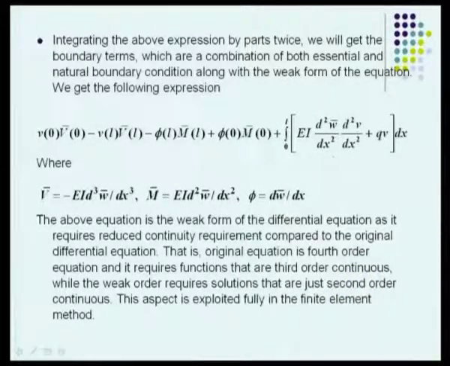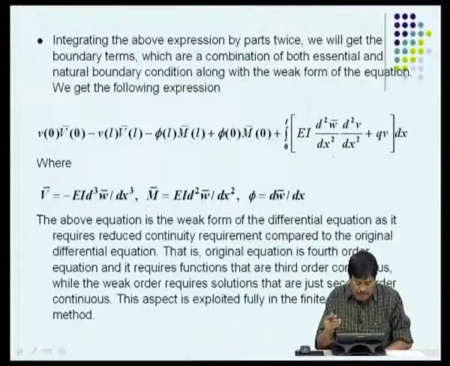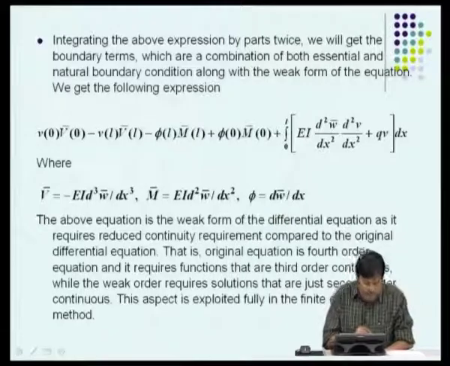Here we do not have it; only a reduced order continuity, d square w by dx square, is required. So, whenever we choose a test function, d square w by dx square should exist, which is a relatively relaxed form. The restriction on the governing differential equation is relaxed a bit, and that is the advantage of the weak form over the strong form. And this aspect is fully exploited in the finite element method.